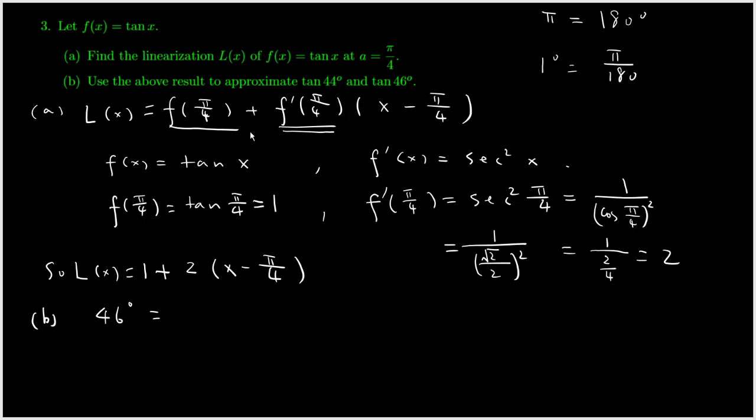From that equation, you divide both sides by 180. On one side you have 1 degree, and on the other side you have, in radians, pi over 180. We're going to use that to do the conversion.